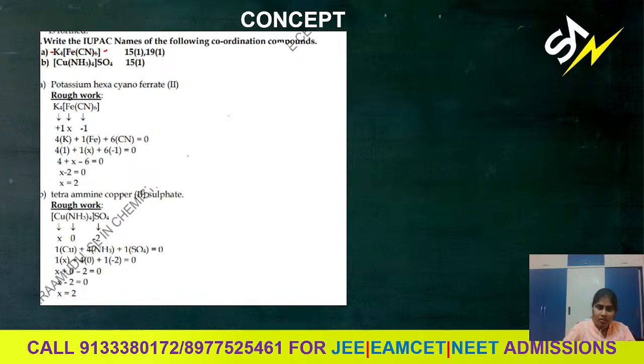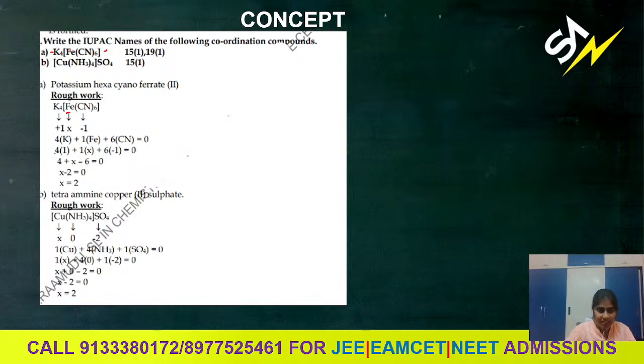After identifying this central element, you must calculate the oxidation state of this central element. You can see here we have K4[Fe(CN)6]. Here the central element is Fe. We are taking its oxidation state as x, and there are no charges present on this complete complex. So in order to calculate this oxidation state, we are equating it with 0. K is what type of element?